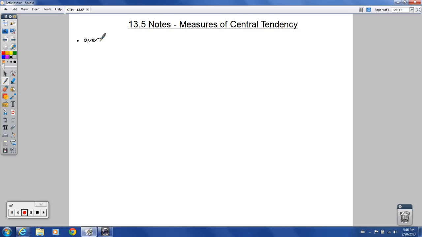So what are averages? Let's come to a consensus on what constitutes an average, and I want to put after this also known as, aka, measures of central tendency. Hey, that's what this lesson's about. What do you know? Okay. So averages are measures of central tendency.